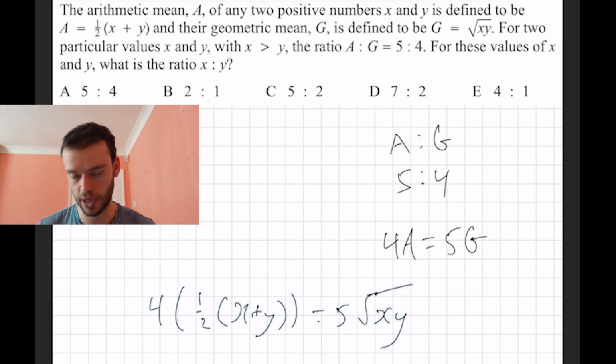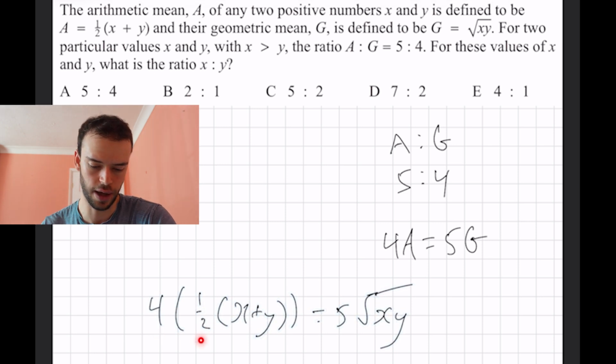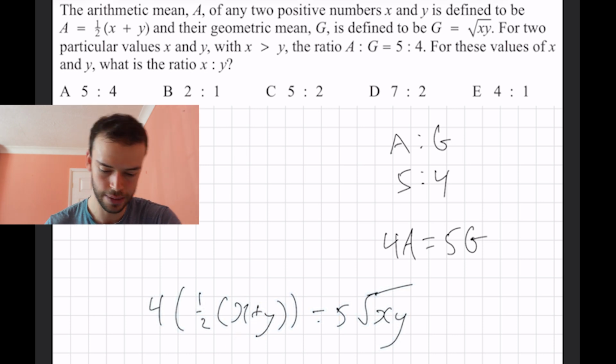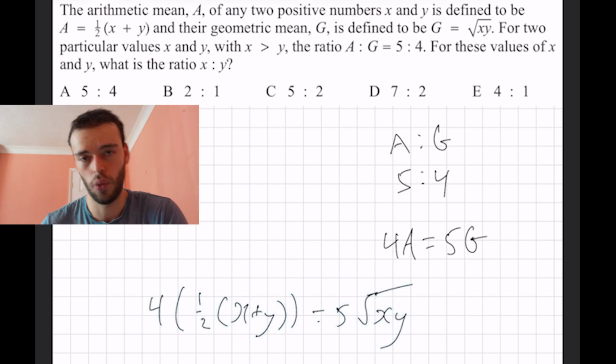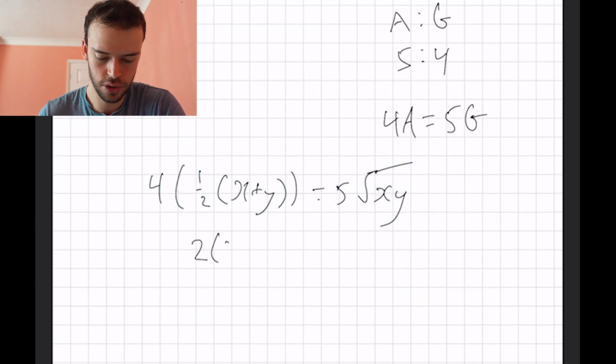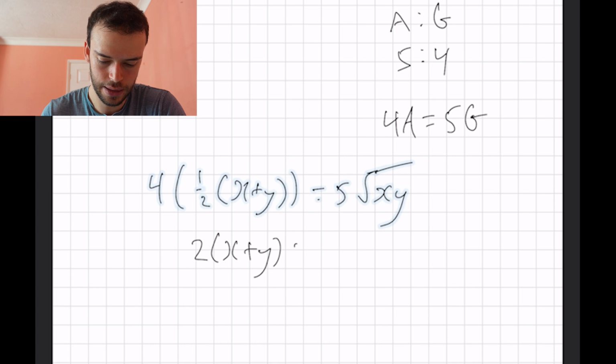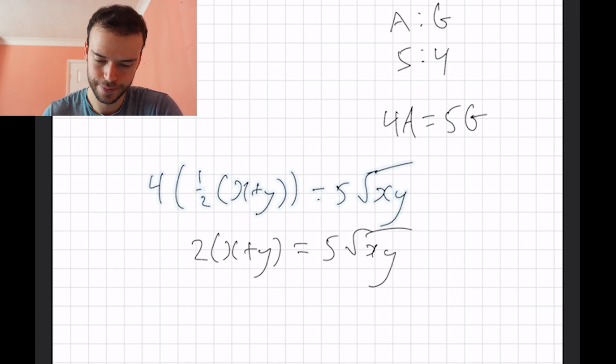So it looks like we're going to have to try and simplify this down. So I can multiply the 4 and the half, that just gets 2, and I can expand that with the x plus y, or I can just leave it factorized. I'll just leave it factorized. So we have 2 lots of x plus y equals 5 lots of root xy.